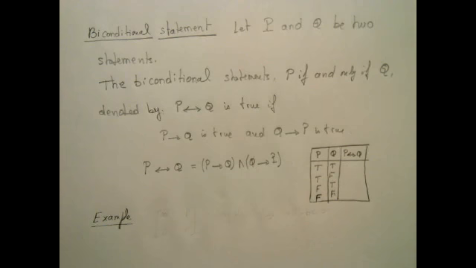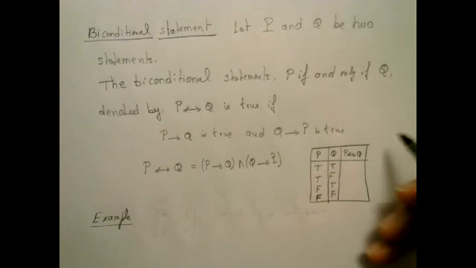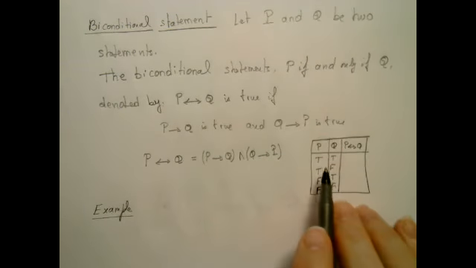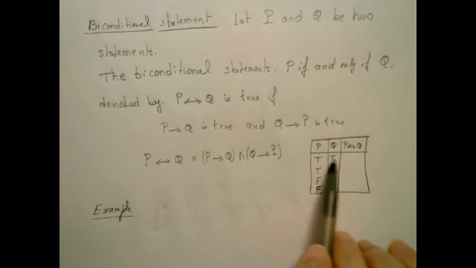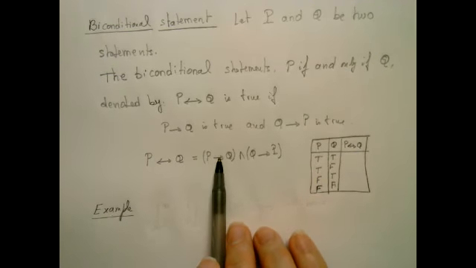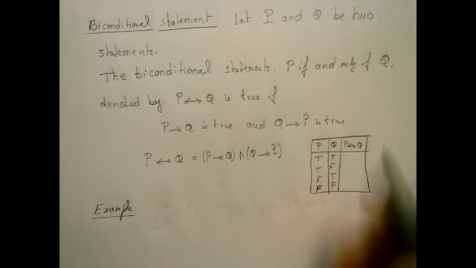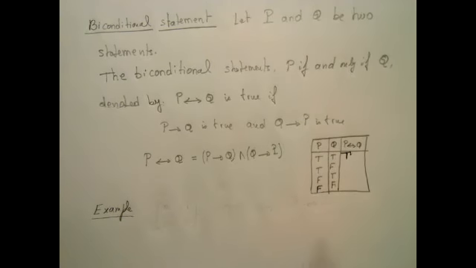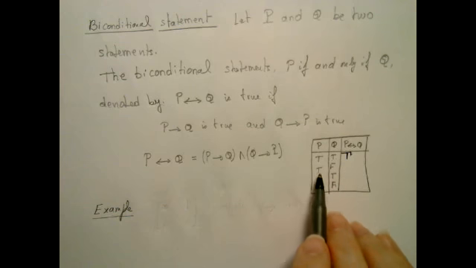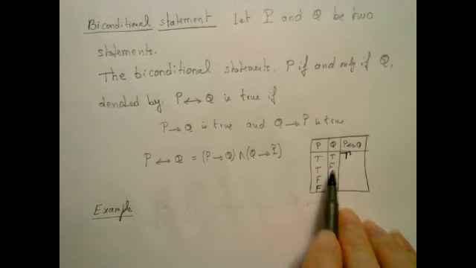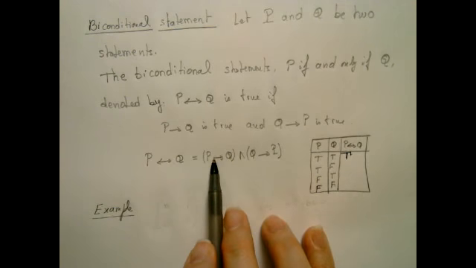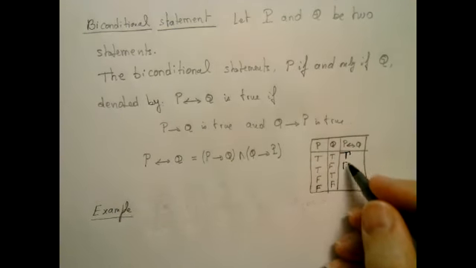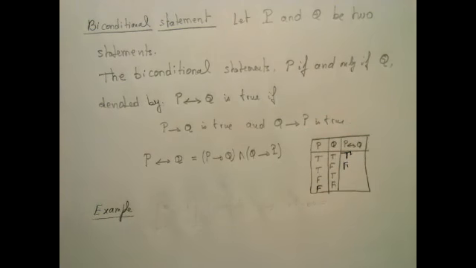Now, the truth table. Let us think a little bit. If P and Q are both true, then this will be true, and this will be true, then the biconditional would be true. Suppose P is true and Q is false. Then if Q then P is false, so the if and only if will be false.